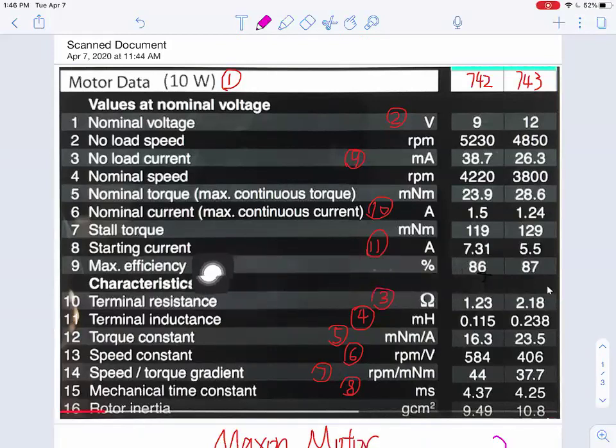And that's also the starting current, the same current as when your motor is stalled. So when you hold the motor and apply stall torque, that's the current going through the coil without turning the motor. All of these 7.31 amps go through the coil, heating it up and burning out the coatings, causing failure of the motor.